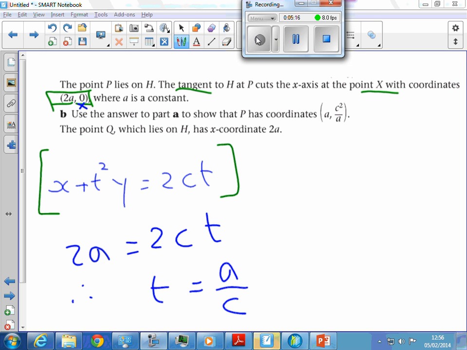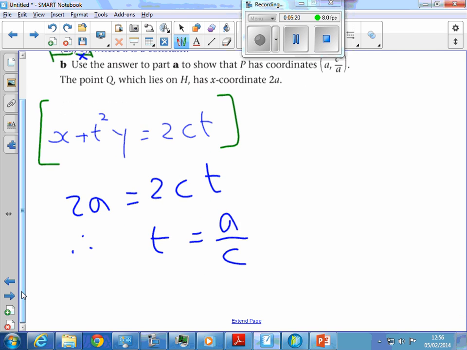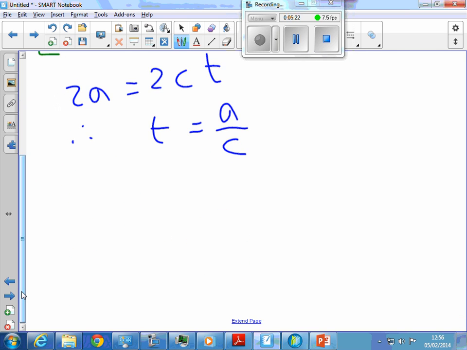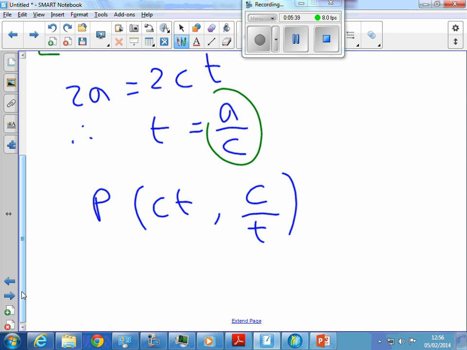We know that. Okay. Now, we know that any point, the point P has coordinates ct, comma, c over t. That's right, isn't it? But now we can substitute in t is equal to a over c.